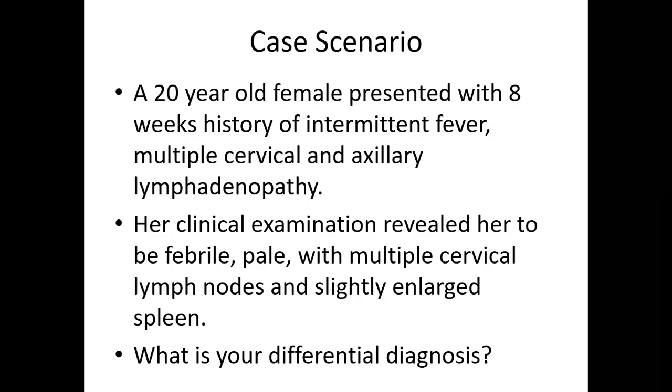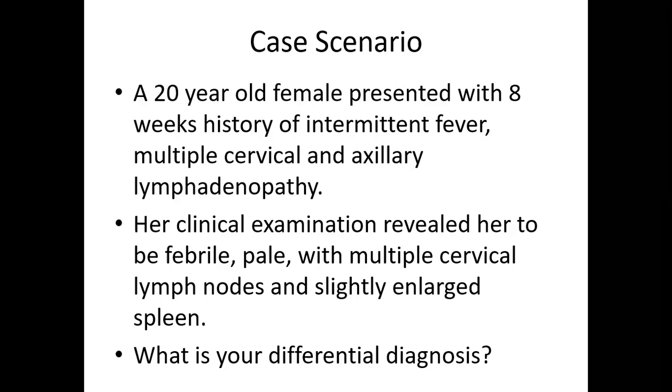So as usual, we start with a case scenario. A 20-year-old female presented with 8-week history of intermittent fever, multiple cervical and axillary lymph nodes. Her clinical examination revealed her to be febrile, pale with multiple cervical lymph nodes and slightly enlarged spleen. What's your differential diagnosis?